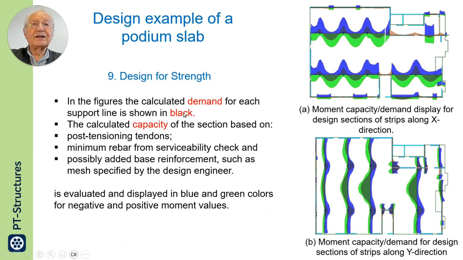In the figure, the demand for each support line is in black. The calculated capacity of the section is based on the post-tensioning, minimum rebar, and the possibly added base reinforcement.